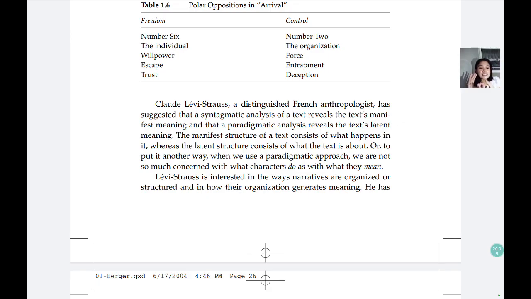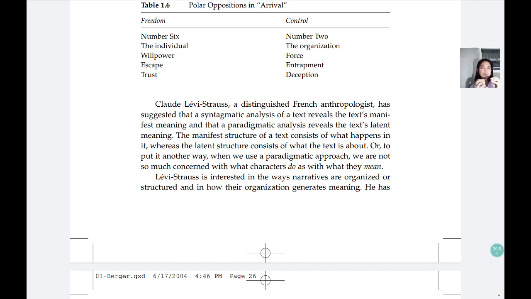Again, syntagmatic analysis reveals the text's manifest. The manifest structure of a text consists of what happens in it, while the paradigmatic analysis reveals the text's latent meaning. The latent structure consists of what the text is about.